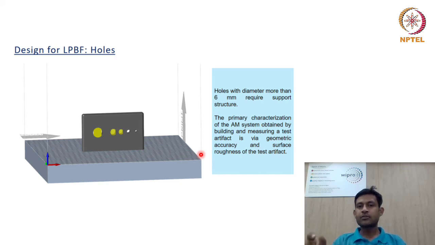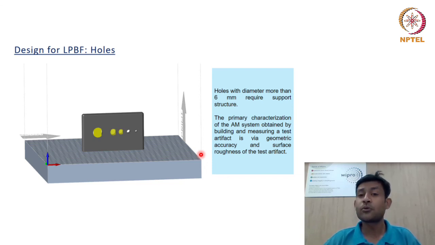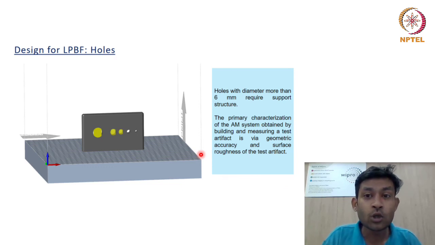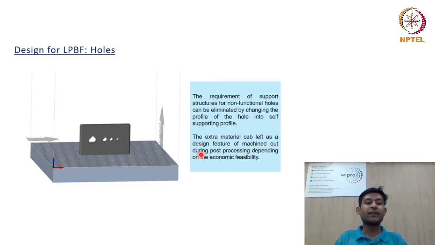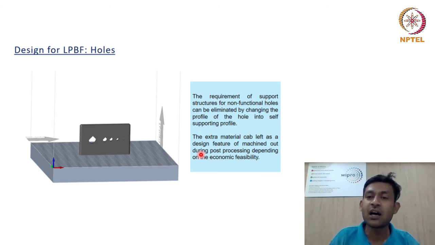And if, based on your end application, you have already deployed a post-processing technique in your manufacturing cycle, then it's always advisable to avoid support structures and provide some extra amount of material, which will help me in realizing the component without any difficulty and which can be easily machined out during the machining of that particular feature, as you can see in this image.